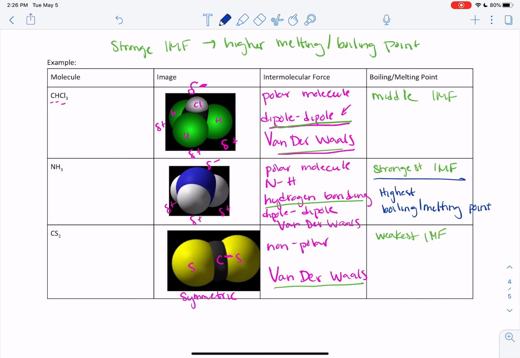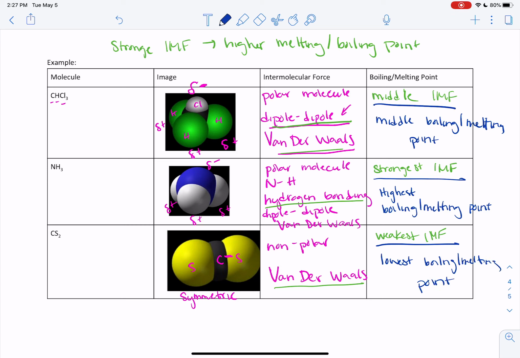Okay, this is middle intermolecular force, so it's going to have the middle boiling or melting point. And this is the weakest intermolecular force for CS2, so it's going to have the lowest boiling or melting point. Okay, so this one's going to boil at a low temperature. That means it might even be a gas at room temperature or a liquid. This is going to boil at a very high temperature. That means it's probably going to be a solid or a liquid.